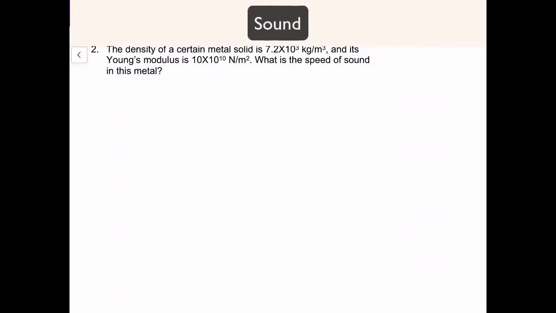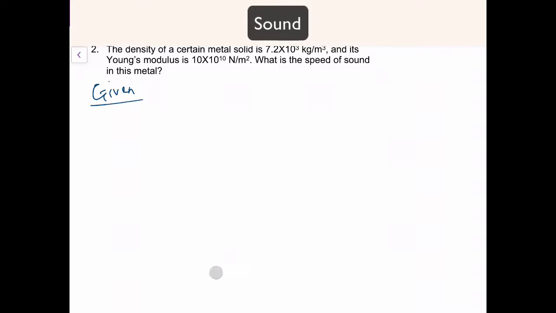Then the second example: now you're asked to determine the speed of sound. First, what are your given parameters? I like to go through those steps.